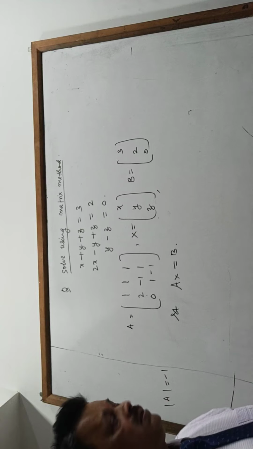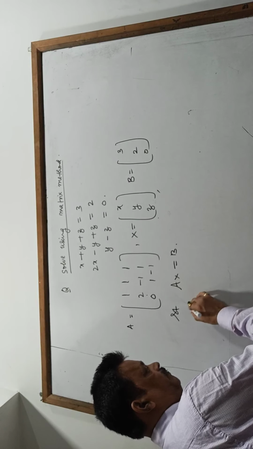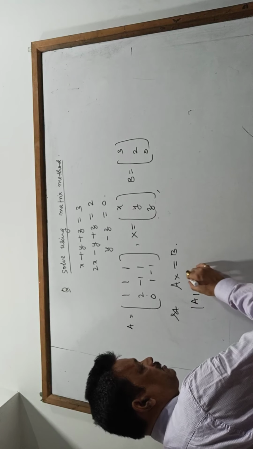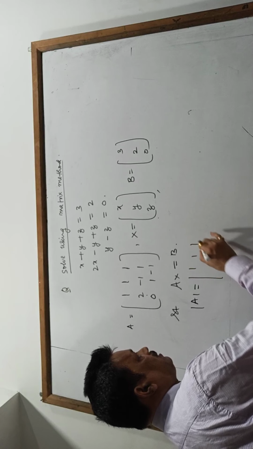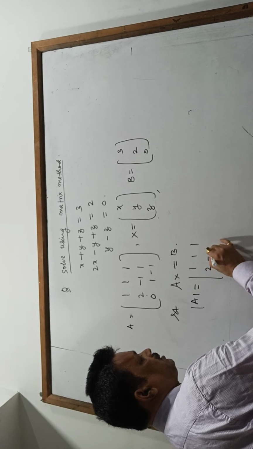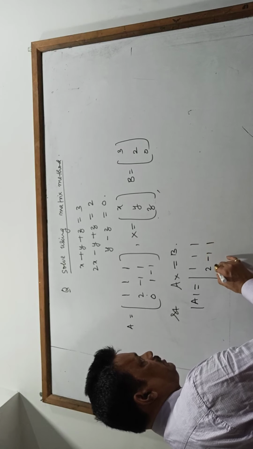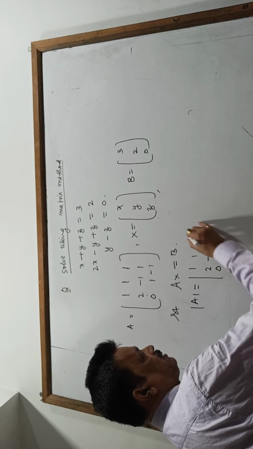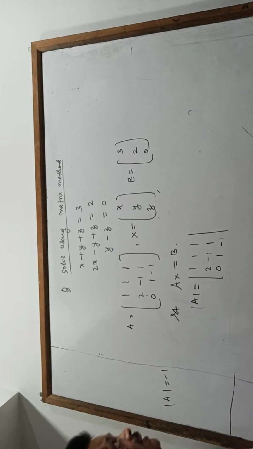Find the determinant of A. That is |1 1 1; 2 -1 1; 0 1 -1|. So how to find?